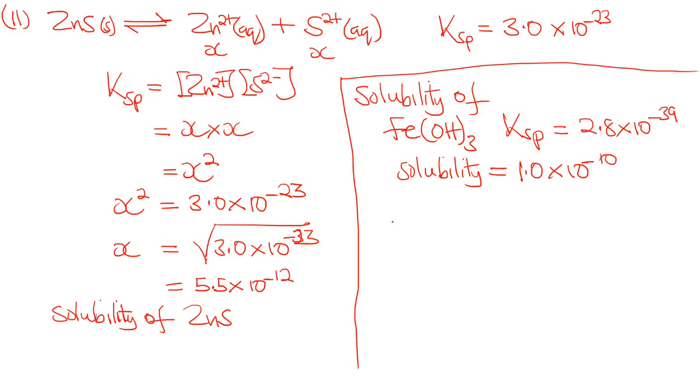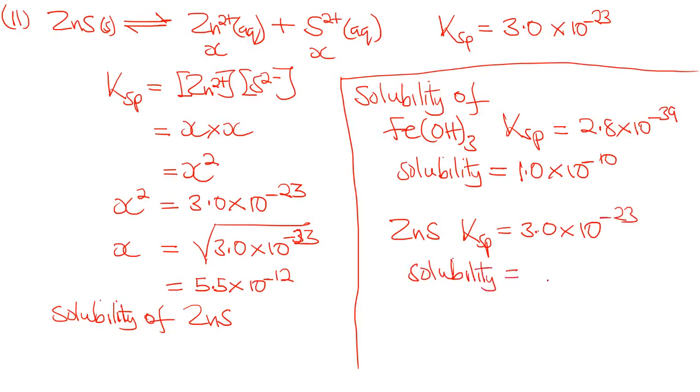And for zinc sulfide, which has KSP of 3.0 times 10 to the power negative 23, solubility is 5.5 times 10 to the power negative 12.